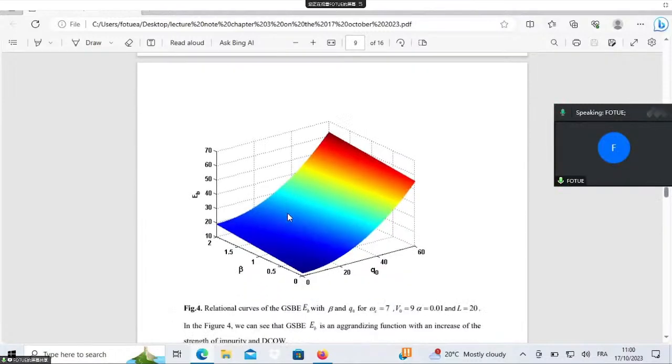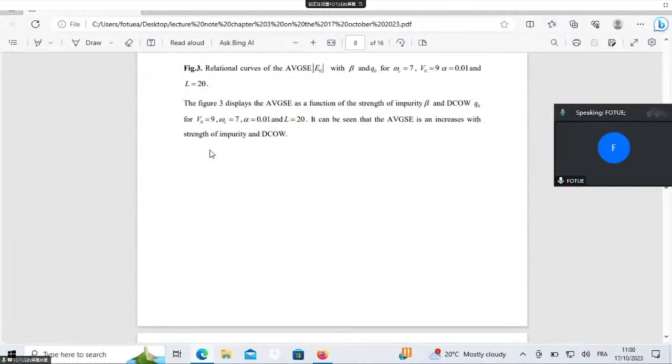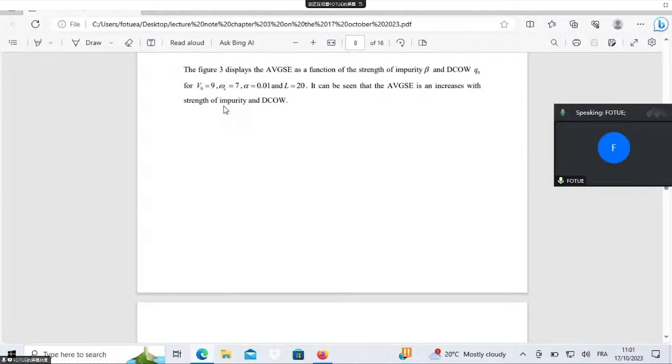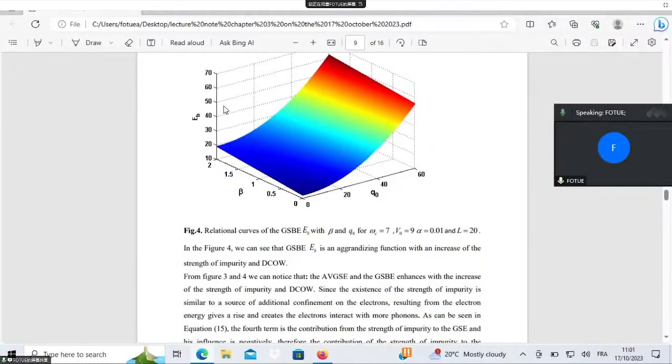The only difference here is in terms of the value. The peak here is a bit greater compared to the peak of the absolute value. So I think it's better to stop on this relational curve of the ground state energy as a function of the impurity and the cutoff wave number for today.